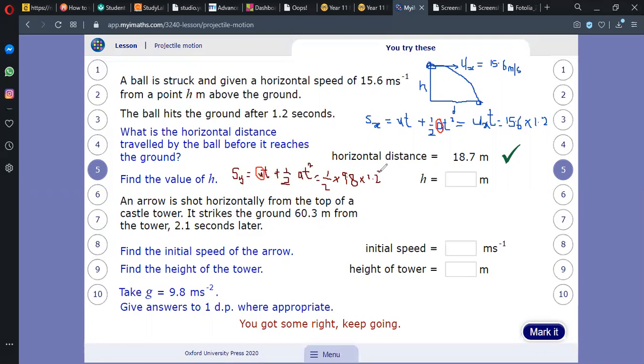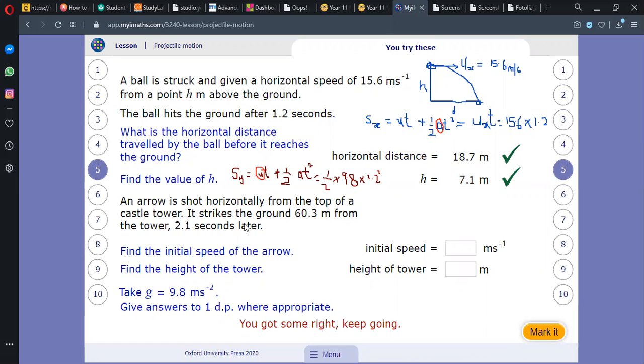If you quickly do that calculation, 1.2 squared times 9.8, and you divide that by 2, half of it, that should lead us to 7.05, which is approximately 7.1. We'll mark that. That is correct.